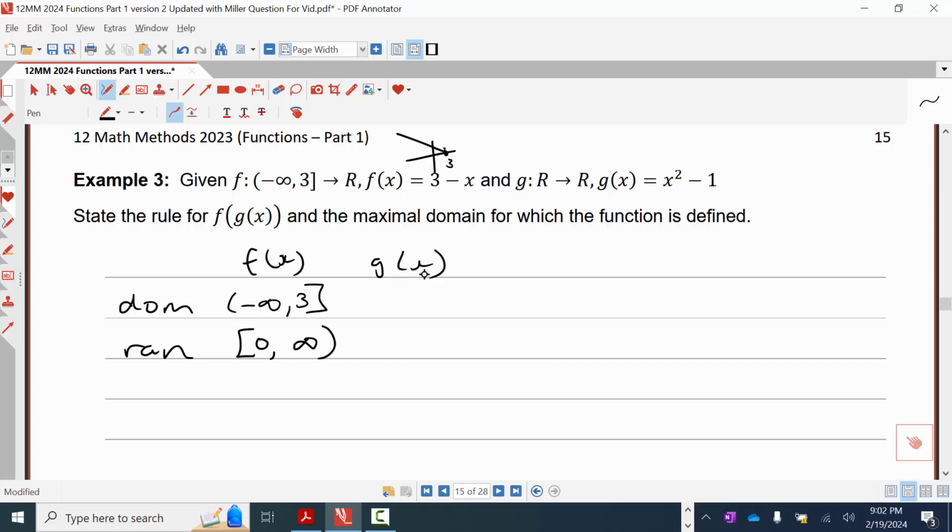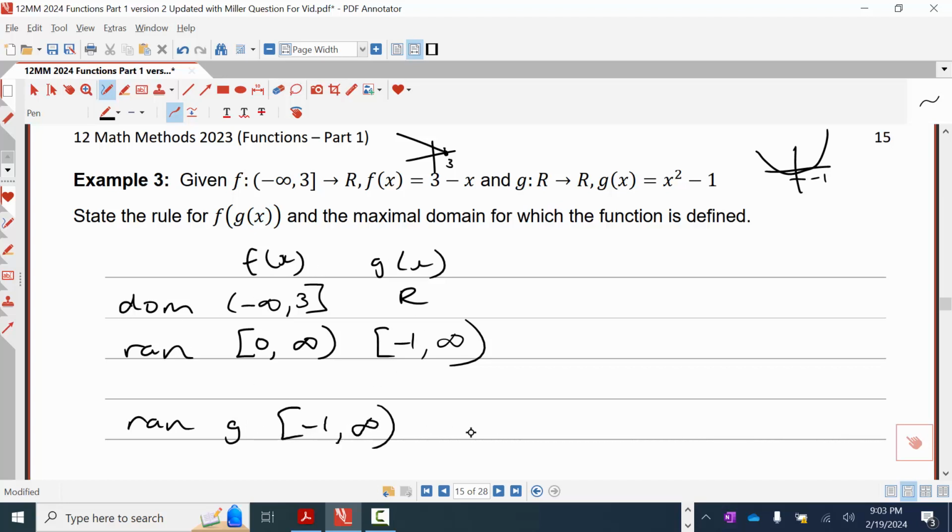Okay, now g of x, domain all reals, range -1 to positive infinity. Now let's check whether the range of the inside, the range of g, which is -1 to positive infinity, is a subset of the domain of f.